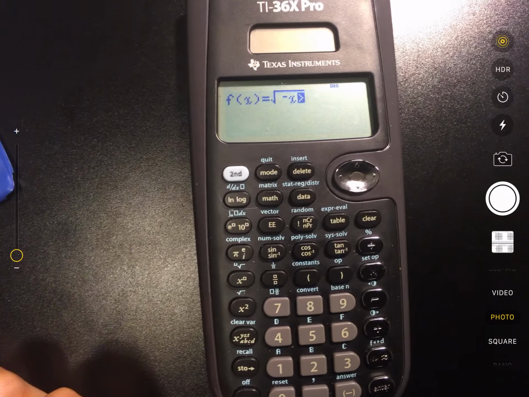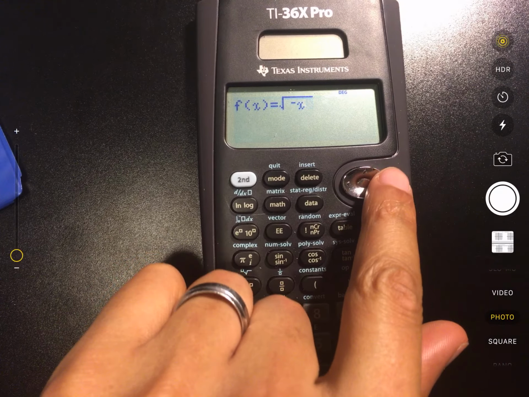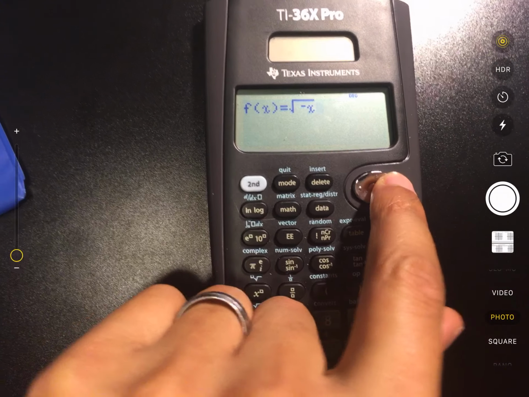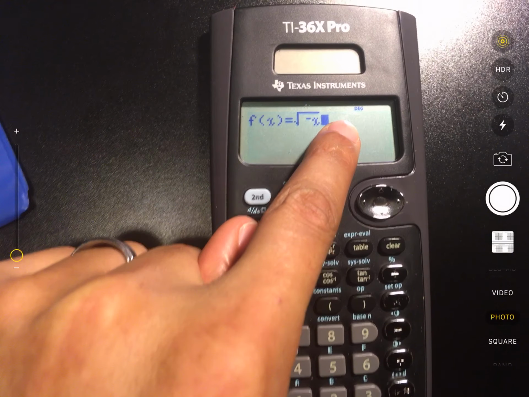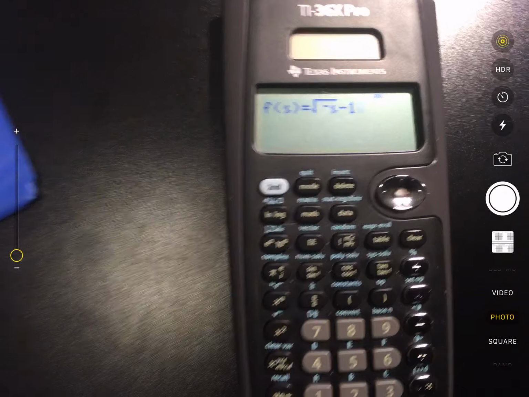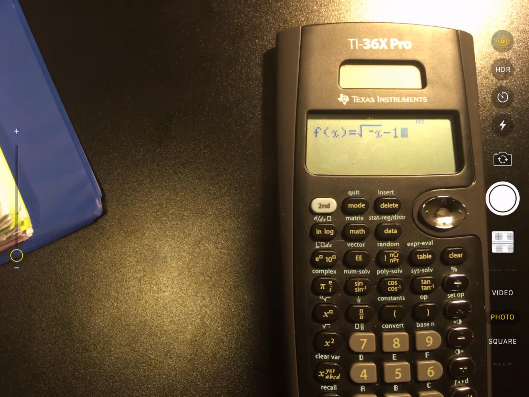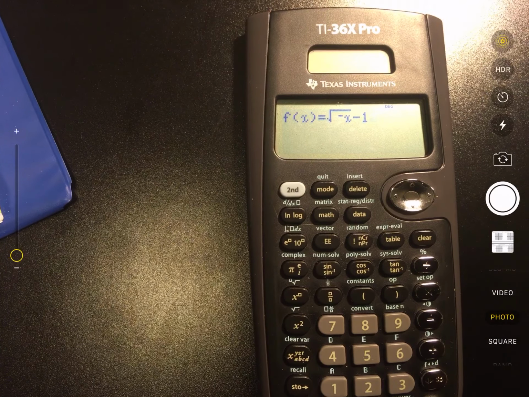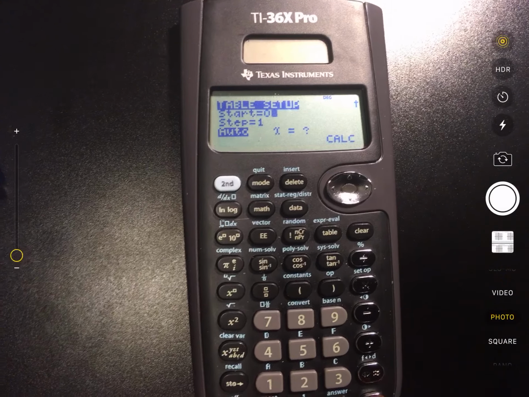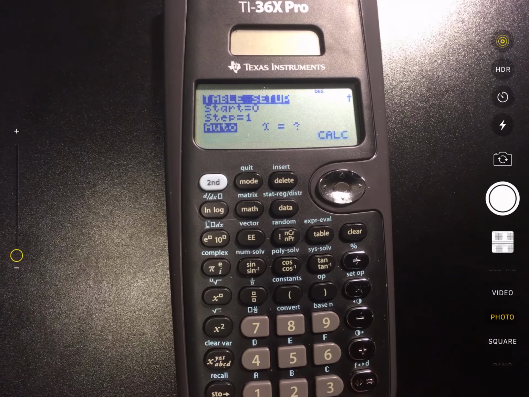We want to put it exactly how it looks in the calculator. So a negative x. Notice on your paper, nothing else is under the radical, so you have to hit to the right. You notice we're outside of the radical now. -1. Make sure it matches up because you don't want to mess up your graph just by user error.